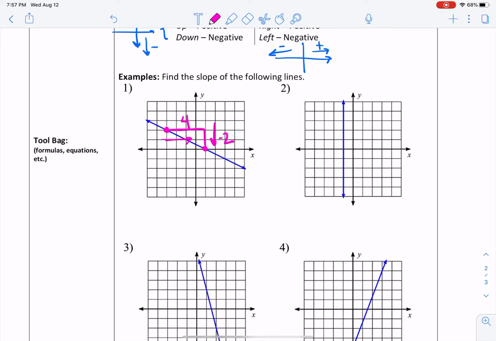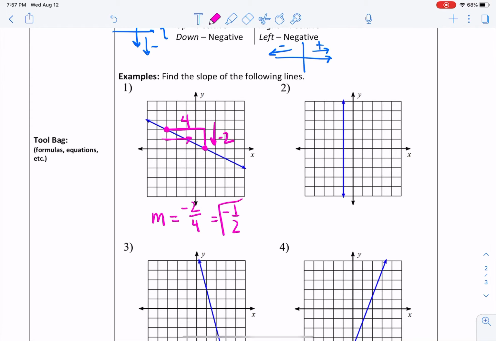So that's negative. Anytime that you're asked to write slope, you write m equals all the time. And that's negative 2 over 4, which is negative 1/2. And this would be your final answer. If you give me negative 2 over 4, you won't get full marks because you didn't simplify the fraction.